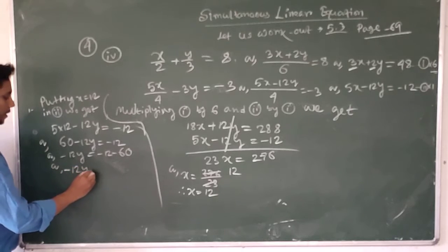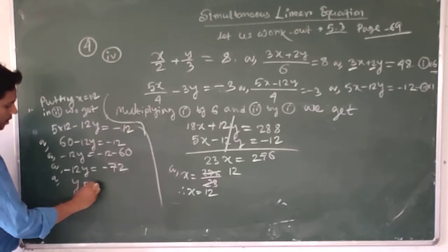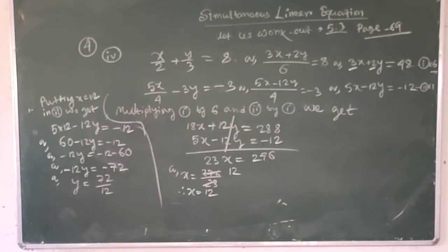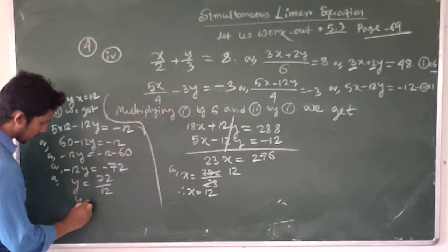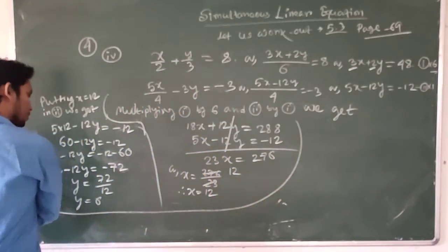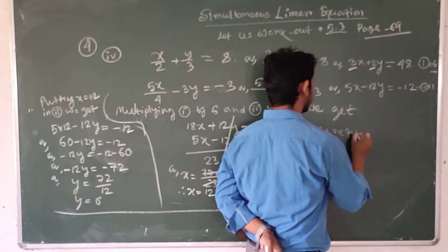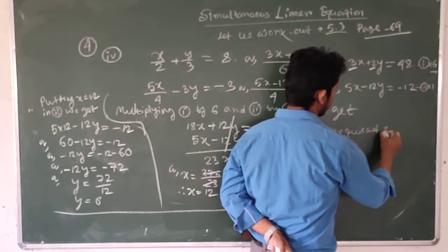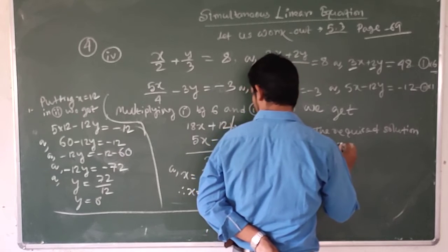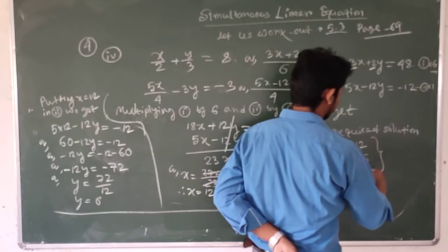So it will be minus 72. Here minus minus is cut, y is 72 by 12. 6 12s are 72. So x value is 12 and y's value is 6. Therefore the required solution is x equals 12 and y equals 6.